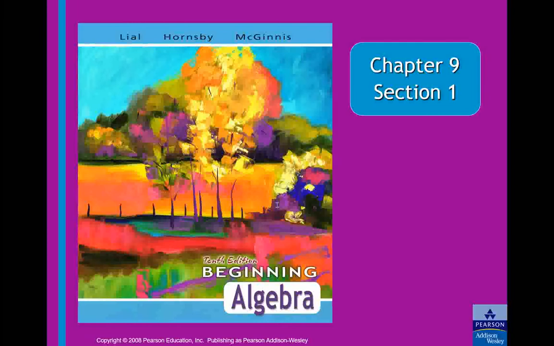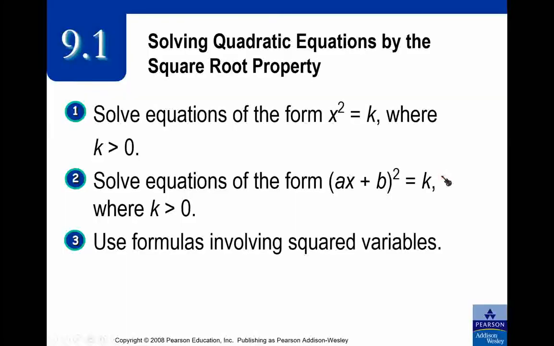So this time, we're going to discuss another important topic in Mathematics Grade 9. This is from Pearson's Addison Wesley. So let's talk about solving quadratic equations by the square root property. So ano nga ba ito?